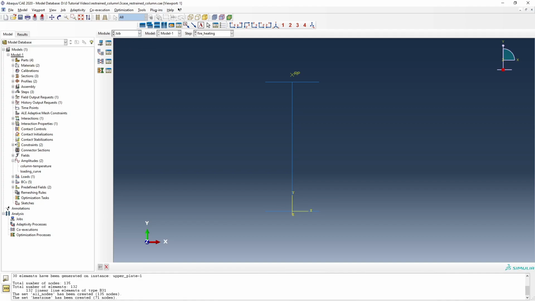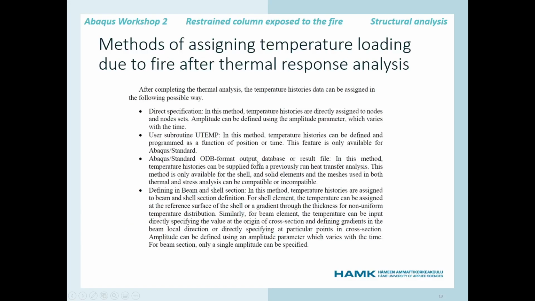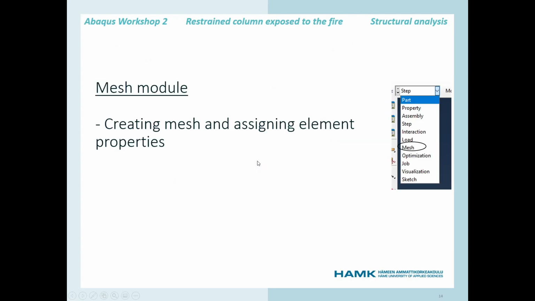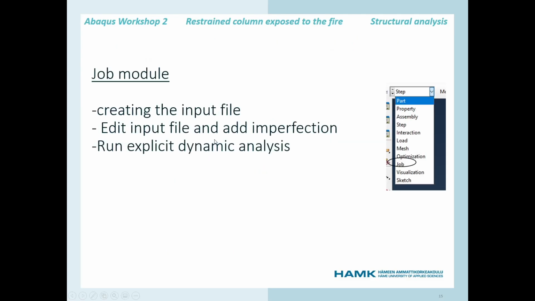Let's go to the job module. In the job module, we have finished the mesh model also, and in the job module we will need to create the input file, and also edit the input file, and also add imperfections, and then run the explicit analysis first.